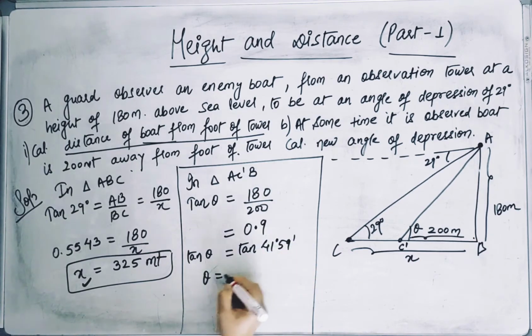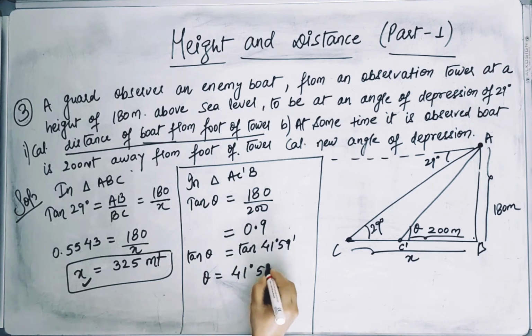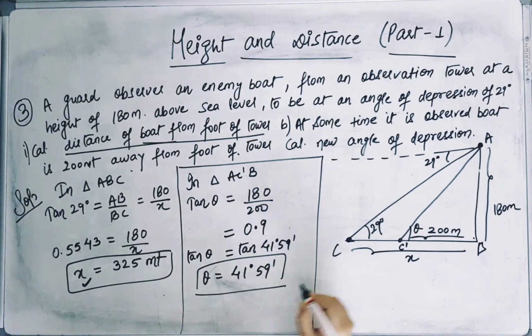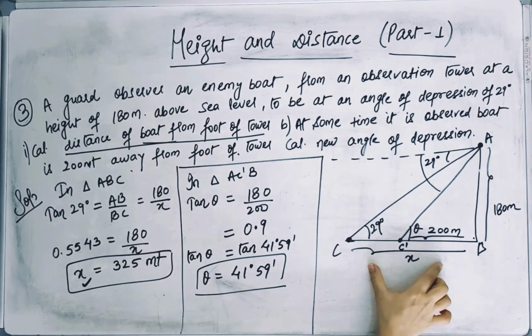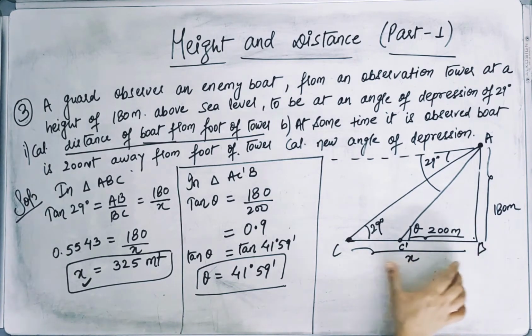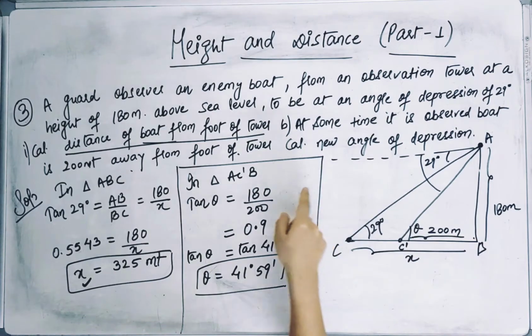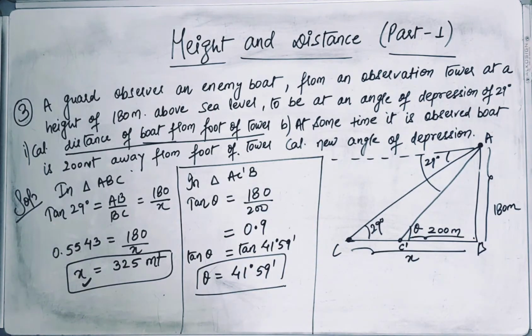Thus theta will be 41 degree 59 minutes. So this is the theta, that is the new angle of depression. Now in this question we have seen, if they are saying distance of the boat from foot of the tower, we have calculated that also. If they are saying calculate new angle of depression, we have seen that also.